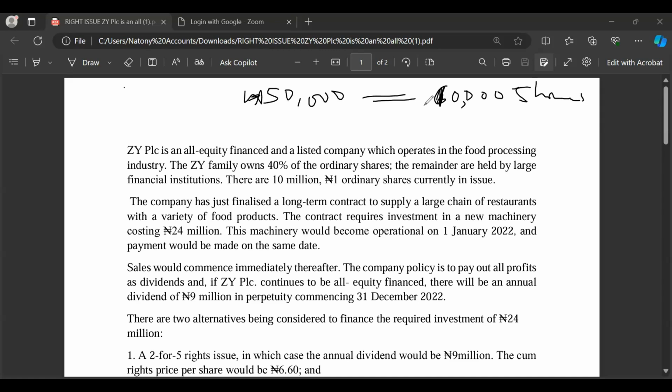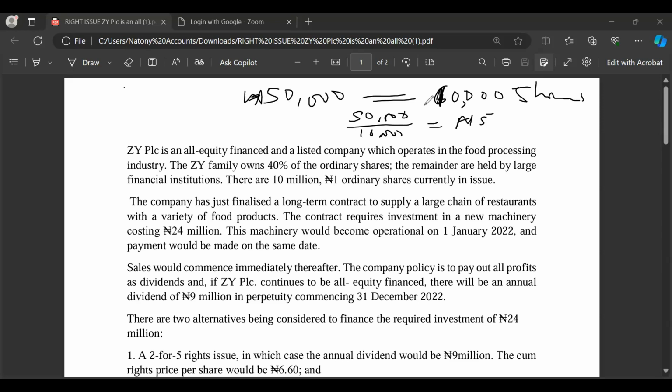So how much will the right issue share be issued at? The right issue offer price will now be 50 million over 10 million, or 50,000 over 10,000 rather, and that will give you 5 naira per share.